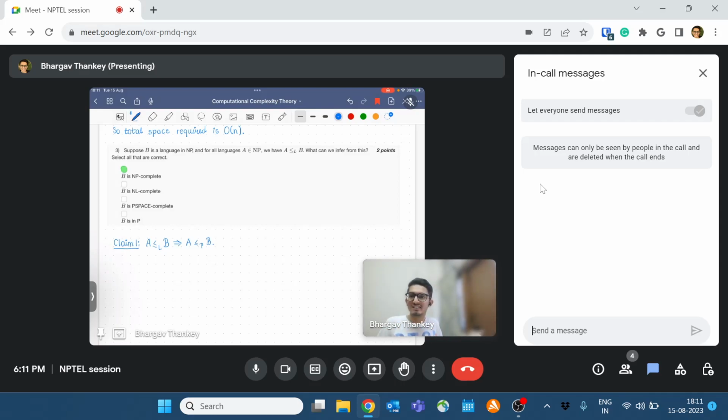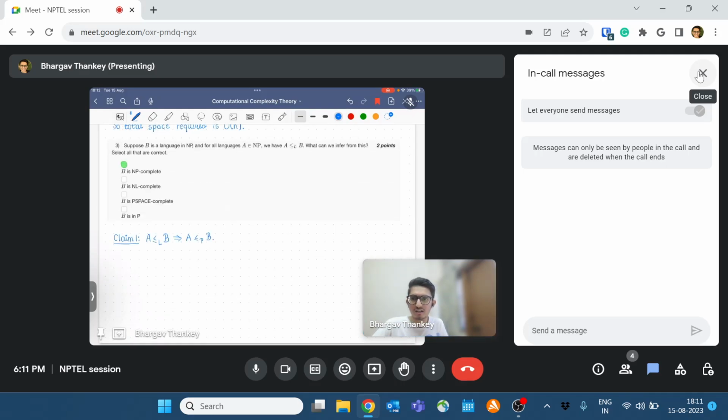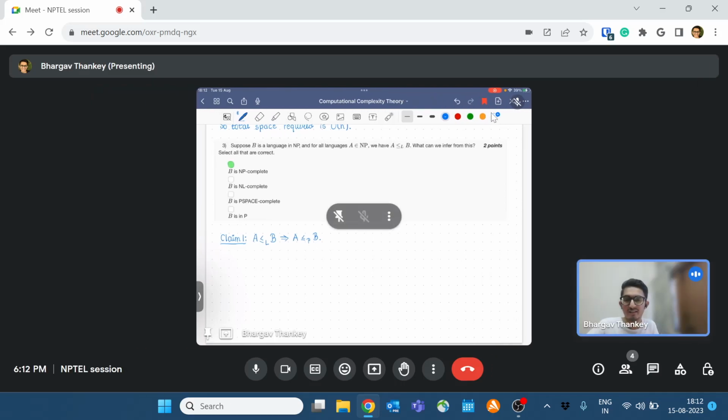Across two offerings there has been something. What was covered in week three this time? NL and NL complete is in week 4, I think it is not in week 3, I'm not sure whether it could be in week 3 as well. There might have been something between the two weeks, between the two offerings.